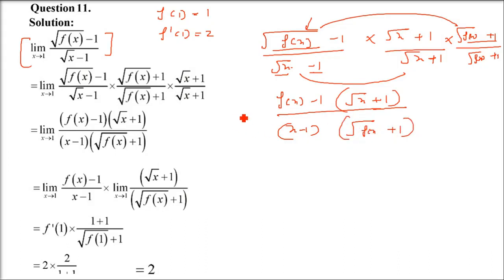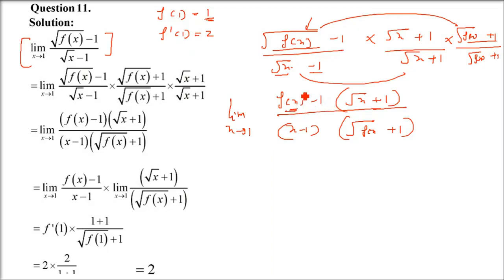Now you see here, this fx minus 1, when we apply the limit, please remember, we have done first question, fx minus fc by x minus c. Fx minus fc by x minus c is f dash c. But this 1 we can replace by f1. Why? Because in the question it is clearly being said that f1 equals 1 and we already have a 1. So I am replacing this 1 by f1.